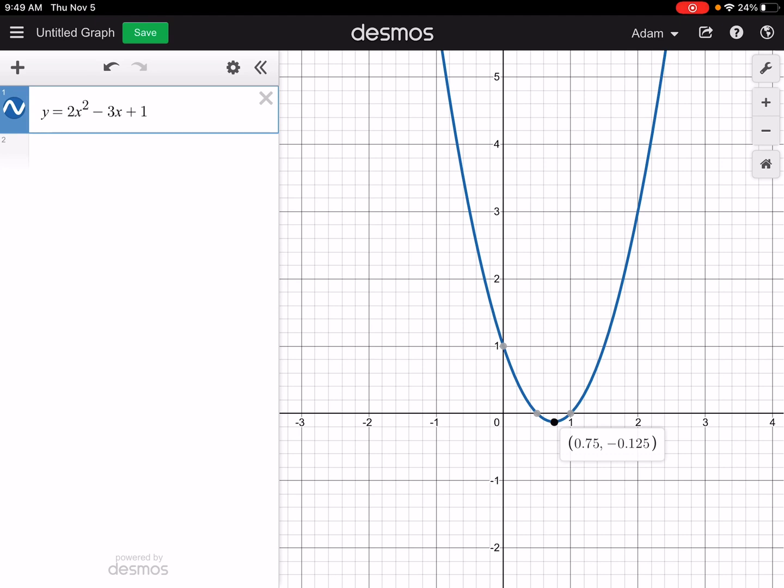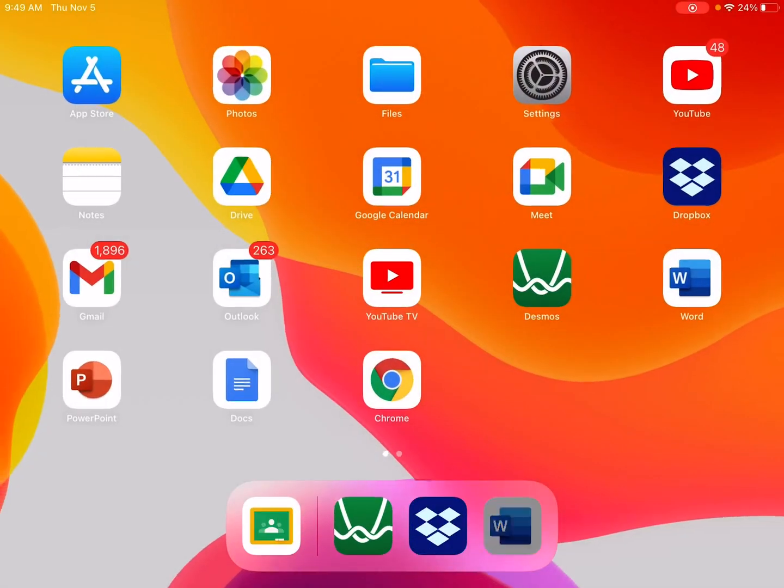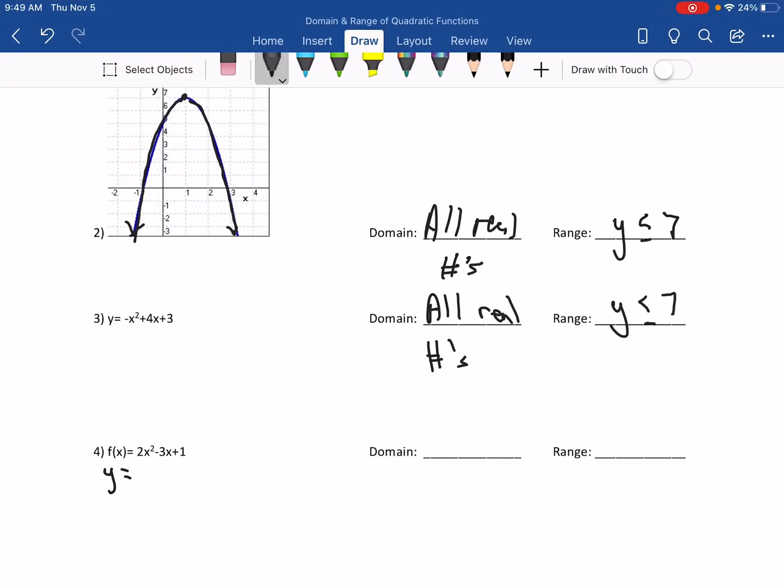It's going to tell me that my smallest y value is negative 0.125. Again, when we're doing range, we don't care about the x value because range only refers to y values. So our smallest is negative 0.125, and then we're going up from there. So the range would be y greater than or equal to negative 0.125, and of course the domain is all real numbers.